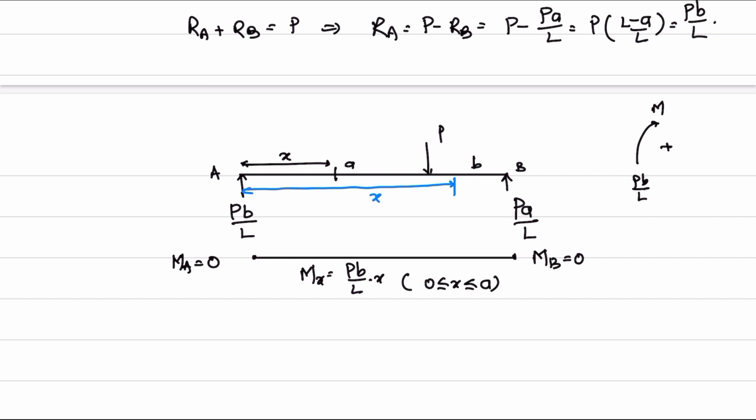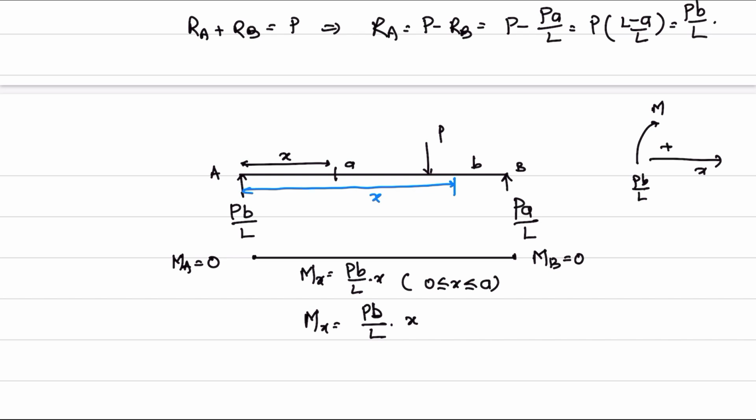Mx is equal to PB by L into x, because PB by L acts up to a distance of x. And how is this P causing the moment?